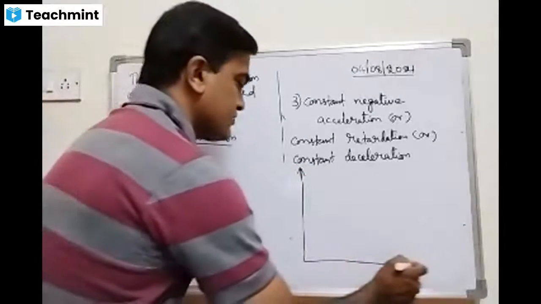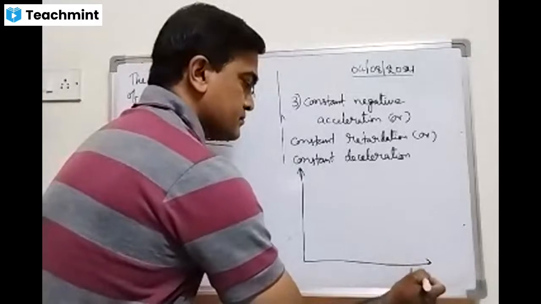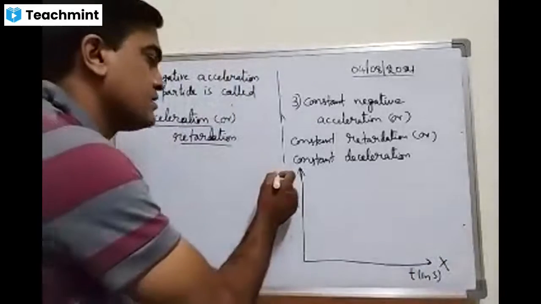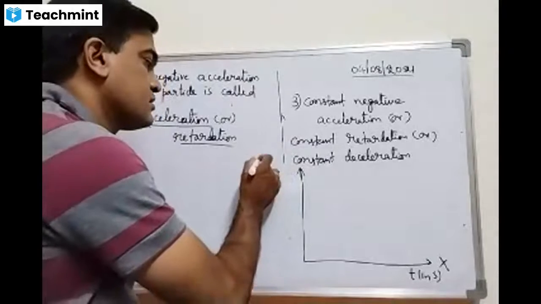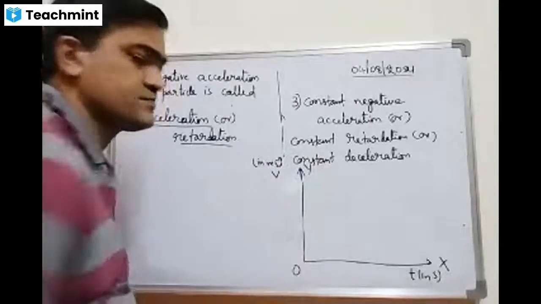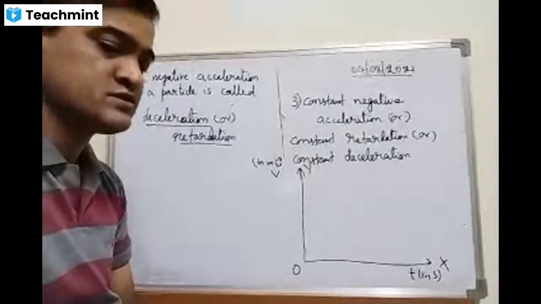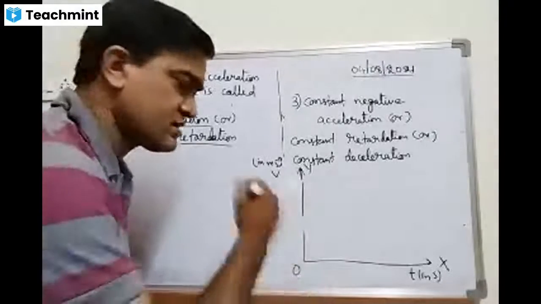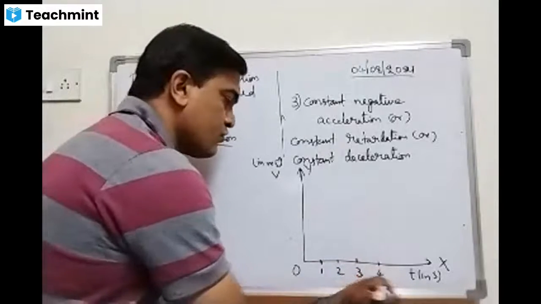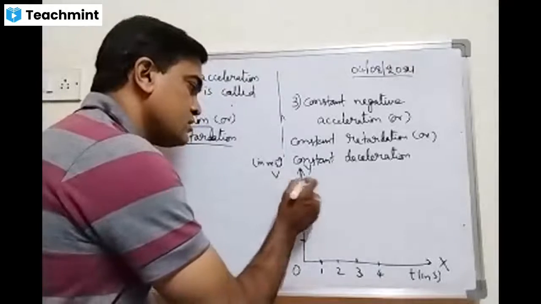If I plot a graph taking time along the x-axis and velocity in meter per second along the y-axis, and if I get the nature of the graph like this, let me put the points in the same way as I showed in the previous one: 1, 2, 3, 4. Here also 1, 2, 3, 4.